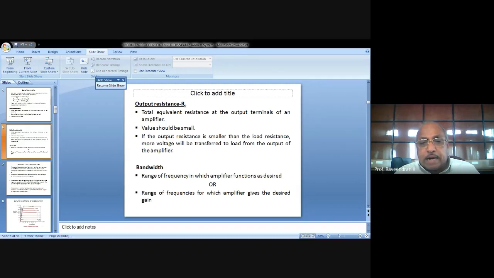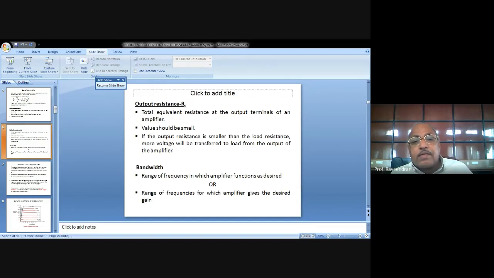So almost the same current IC will be flowing through the value of resistance RE, or through the emitter lead. So when the transistor is amplifying, the current signal will be amplified here. The same amplified signal will be flowing through RE also.